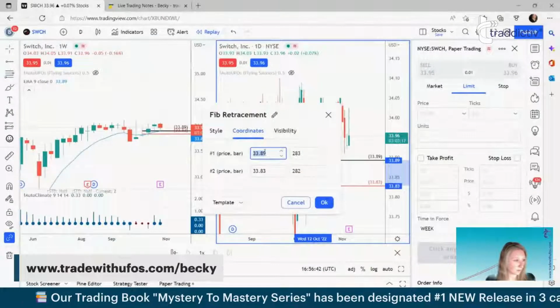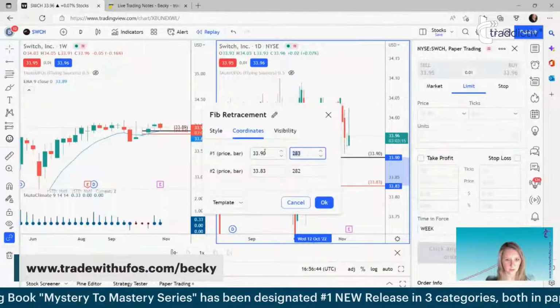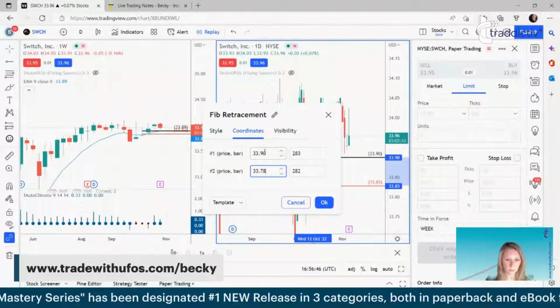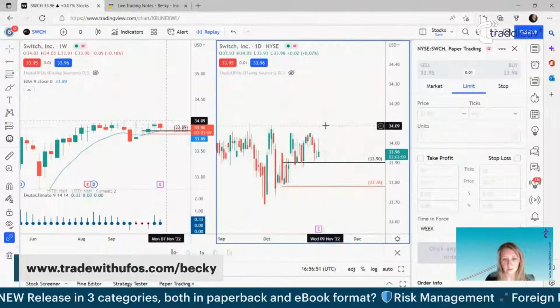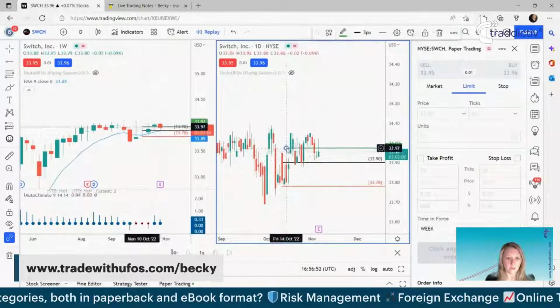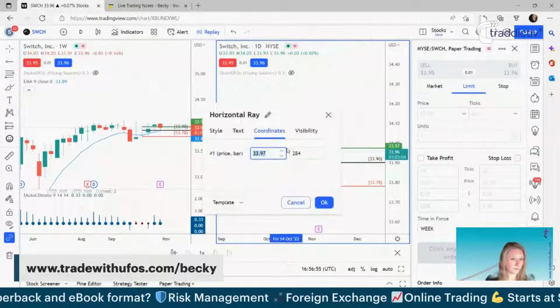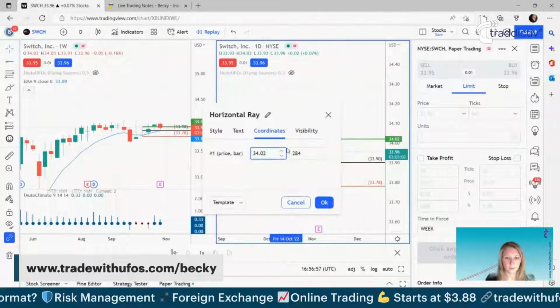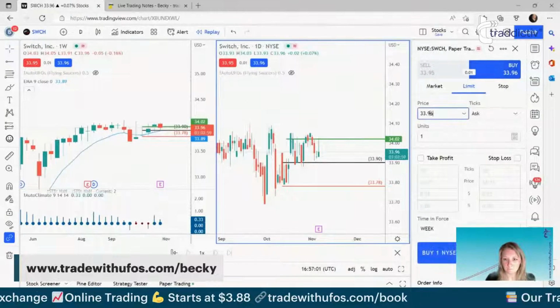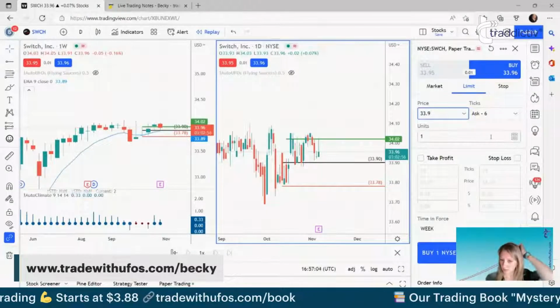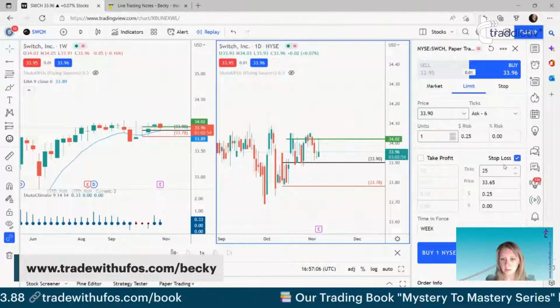No idea where the entry price was here. 33.9 through to 33.78. So it's a small little area there compared to the other things that we've looked at. Safety target is 34.02. Place that in. And of course, as we said, second target in this case is going to be trailing.